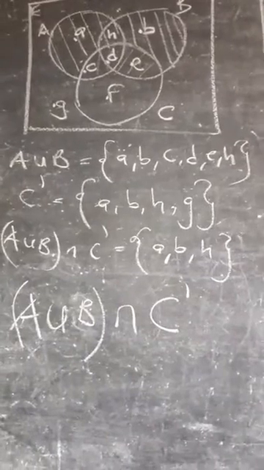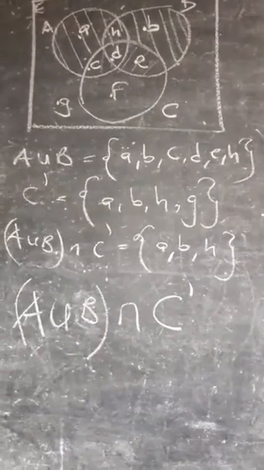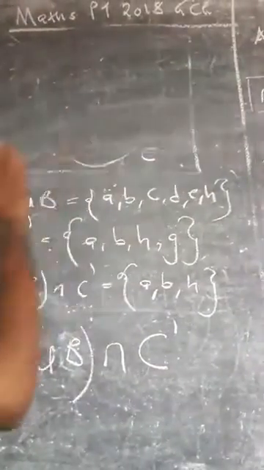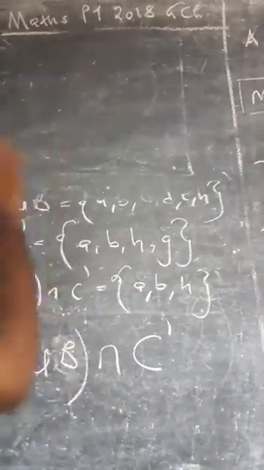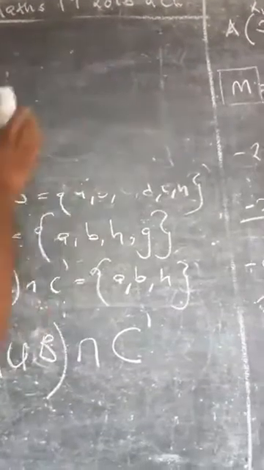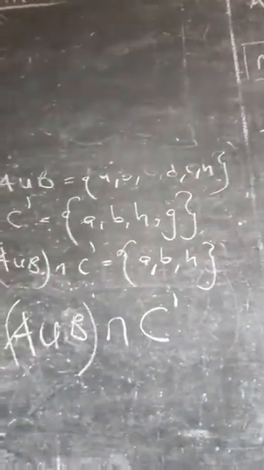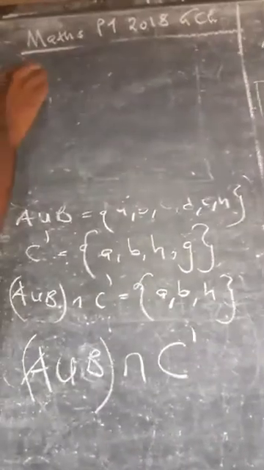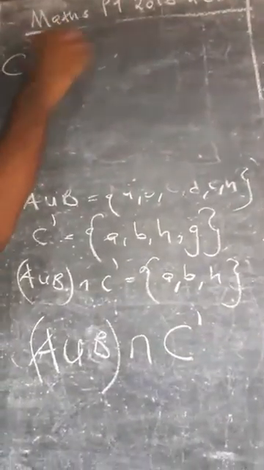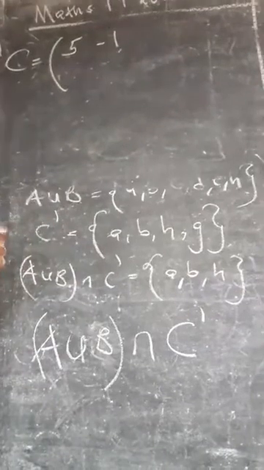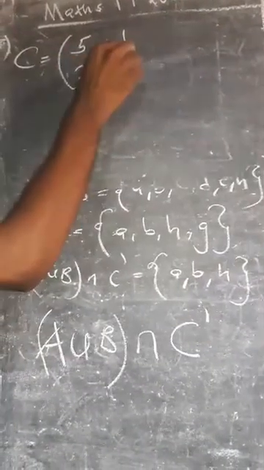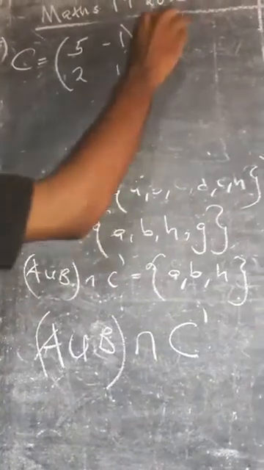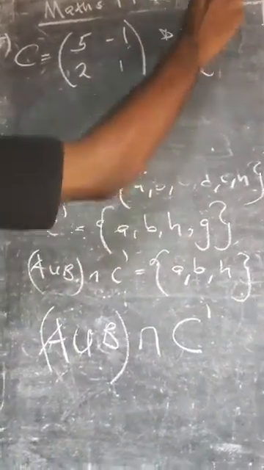This is 2018 GCE paper 1. They're saying C is equal to 5 negative 1, 2 1, and D is equal to 1 negative 2.